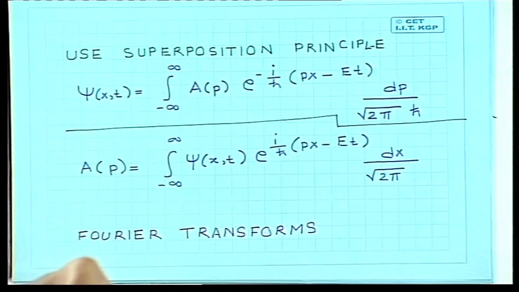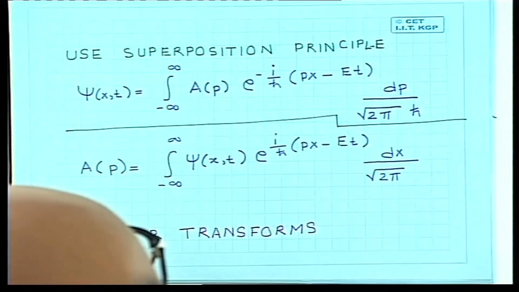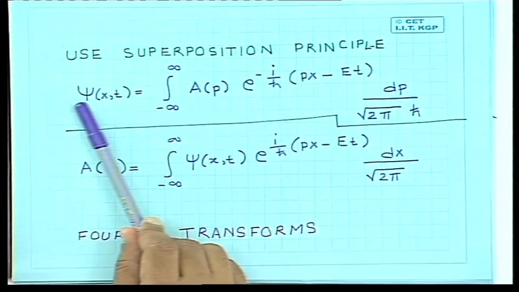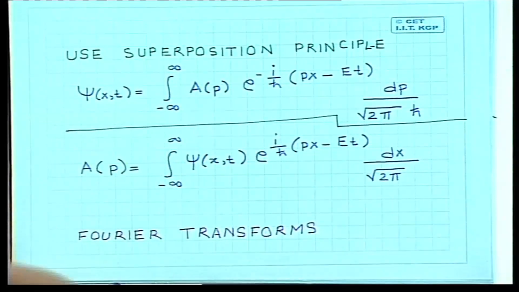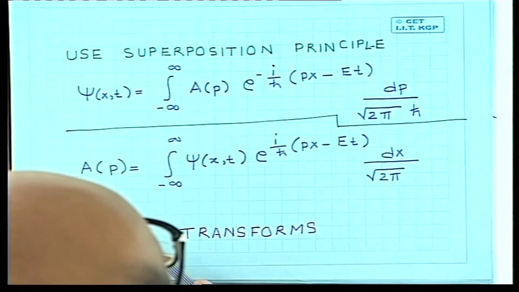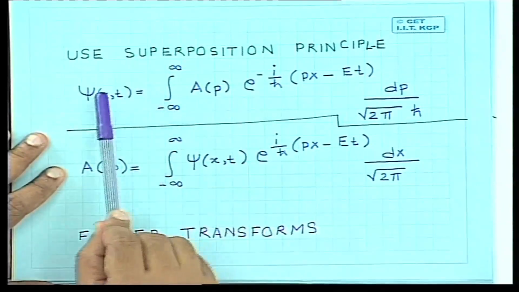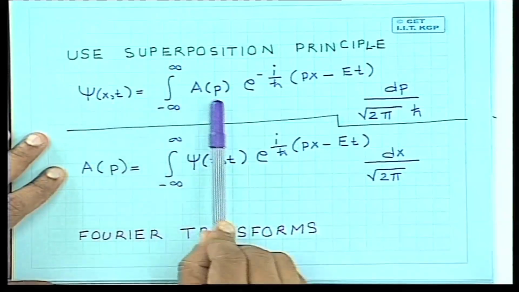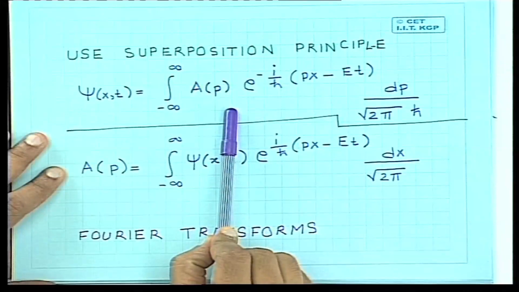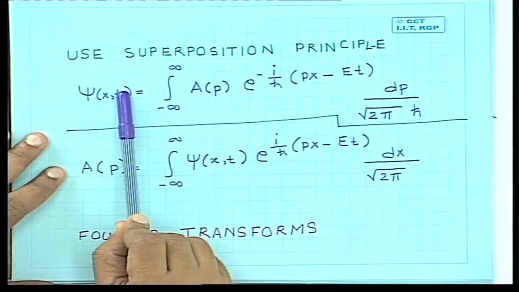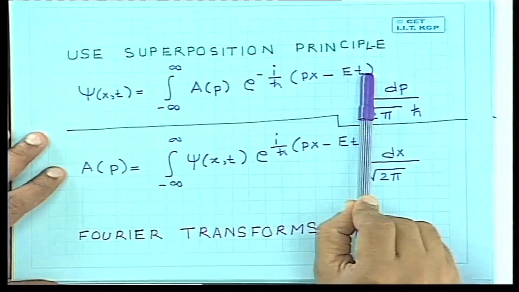Yes? I think that will not be t, that is psi of x,0. No, this is psi of t. Because if you look at this equation, A of p has no time dependence here. So the t dependence of psi of x and t comes only through this Et.